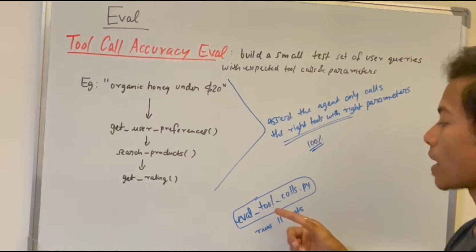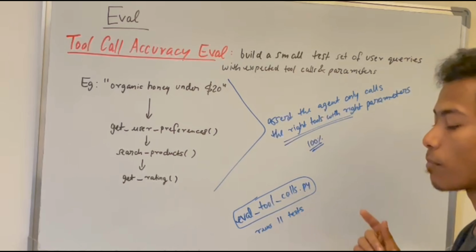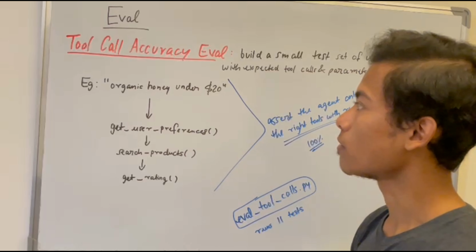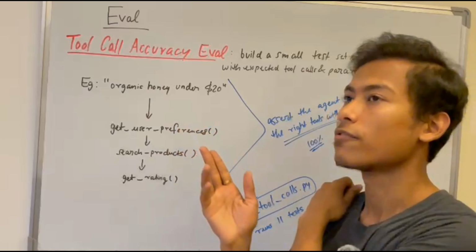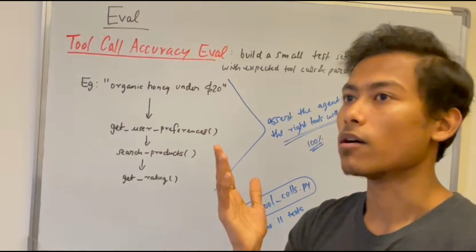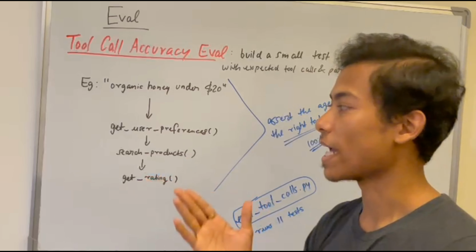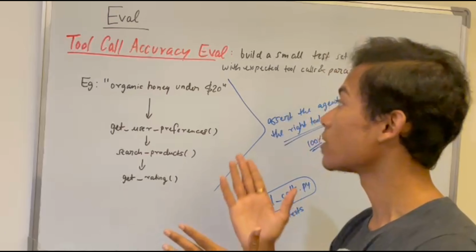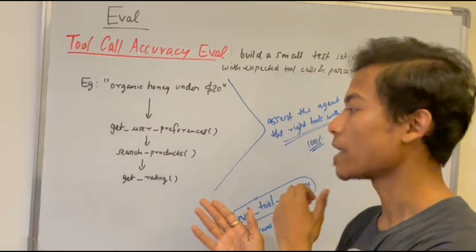The Python file is eval tool calls.py. You can always check my GitHub repository for its code. I have inputted 11 user prompts, and based on that I've also passed my expected tool that should be called. If the LLM calls it, then my test case passes.